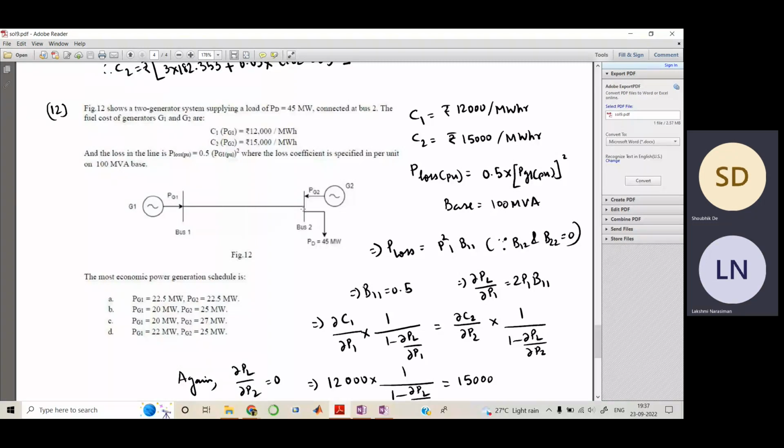Calculations are only done on that basis. The load demand is fixed, and secondly, your transmission loss would be, I don't know exactly the limit, something like 2 or 3% of the total demand. So based on that only, your generator 1 and generator 2 are chosen, right?